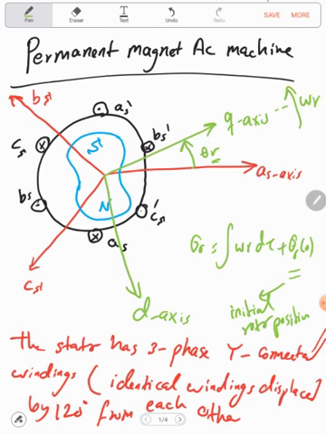The second one is to use an encoder. Those are devices that we can use in order to measure the rotor angle. Of course, we have also a method to estimate the rotor angle. In this case, this will be a sensorless method. This later on we'll discuss.